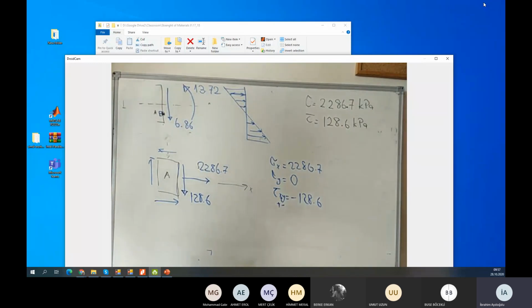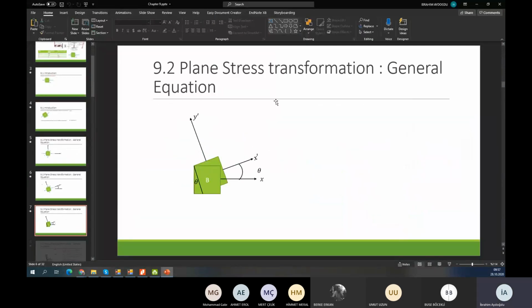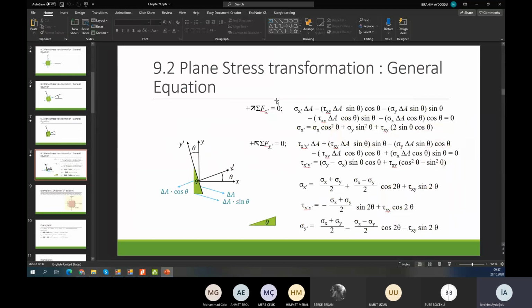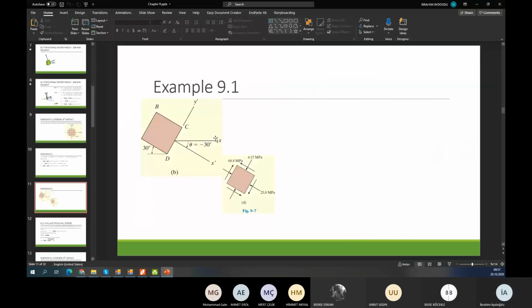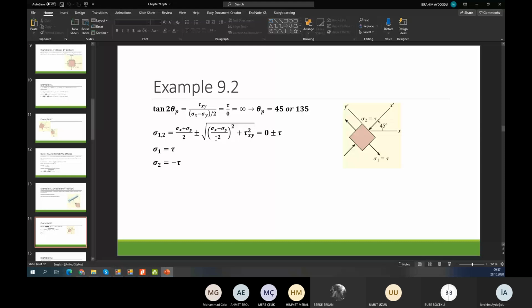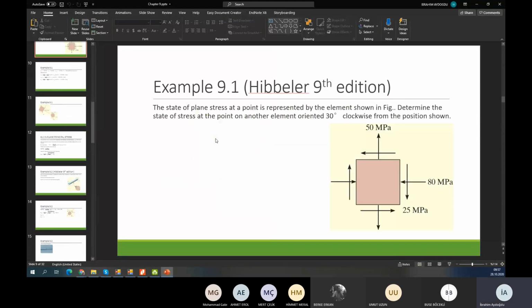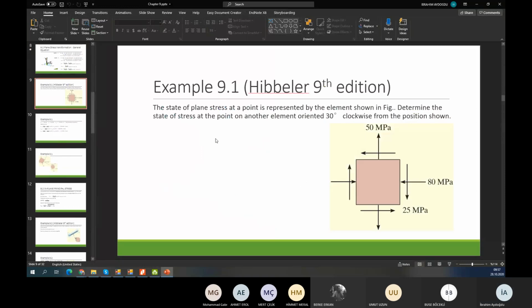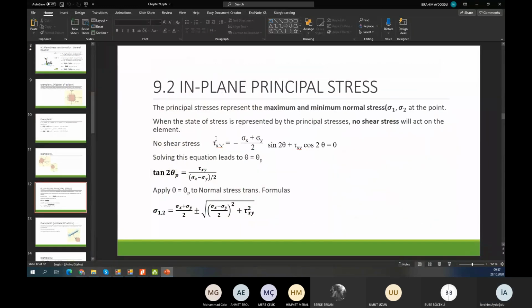Two strategies we have. First strategy is, I need to show on slide. Okay, yes, I want to pass to slides. Yes, this one.